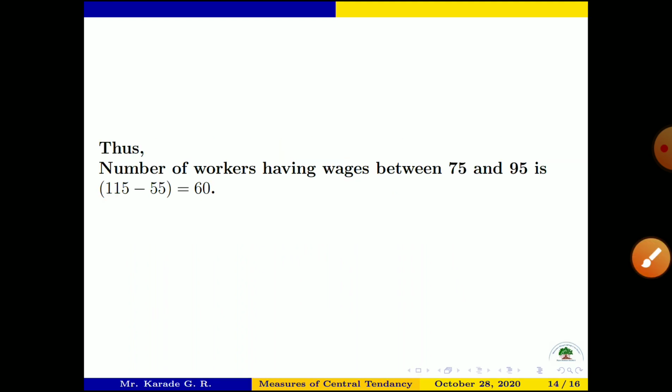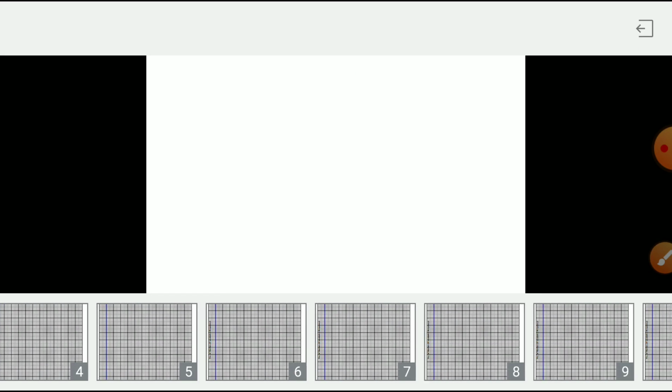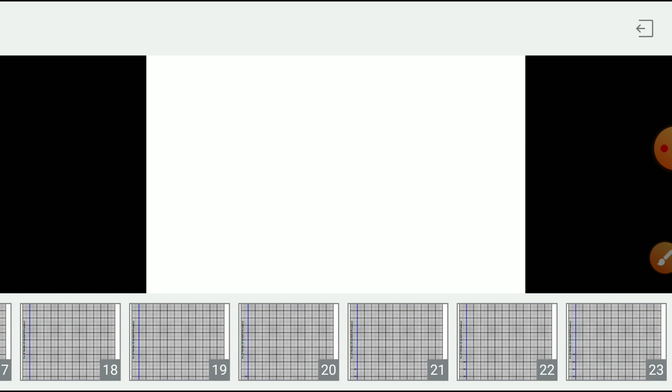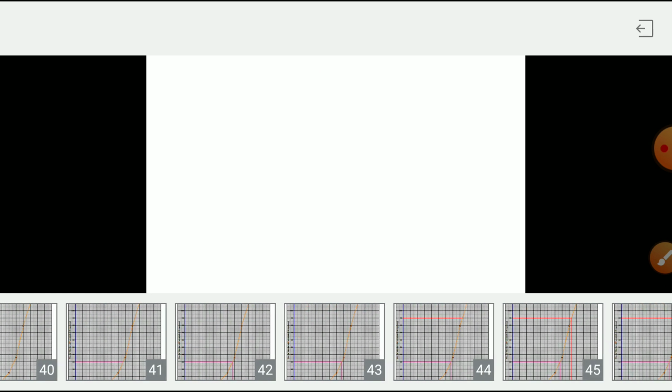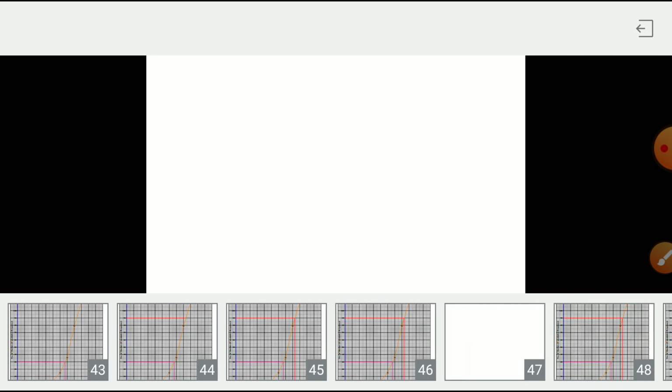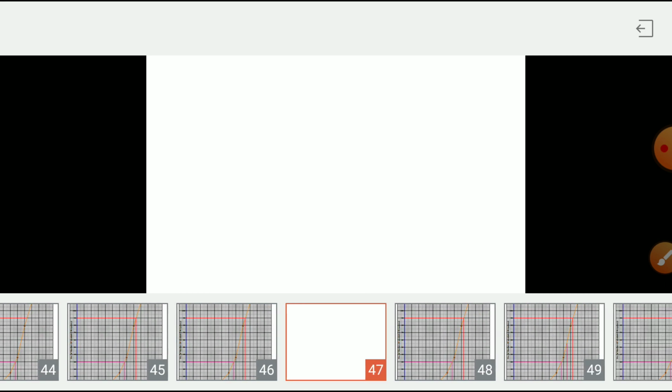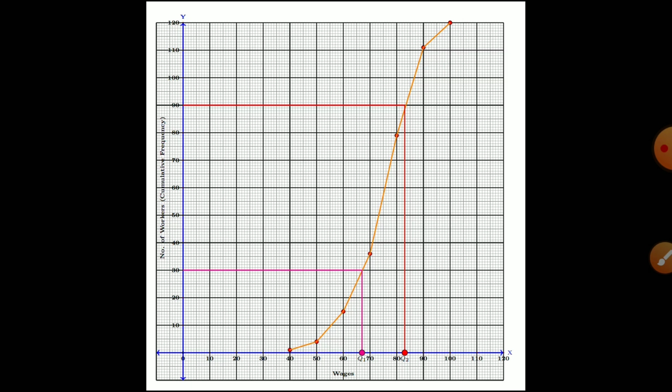Now let us see on the graph what we have to do. We have drawn a curve and vertical lines also. Up to now we found two quartiles, q1 and q3.